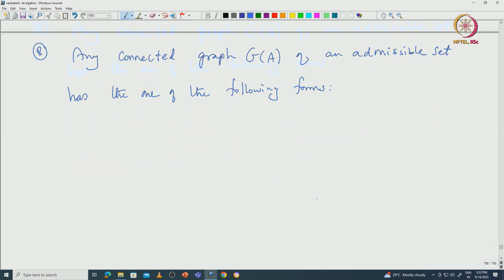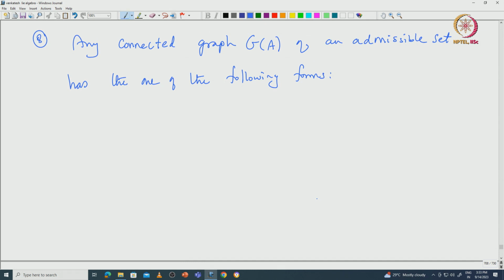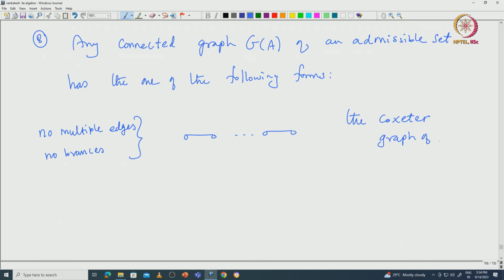Either it can be just a simple path. This case happens if it contains no multiple edges and no branches. This is the first case: no multiple edges and no branches. In this case you can have something like this. This is just a simple path. This is the Coxeter graph of type A.